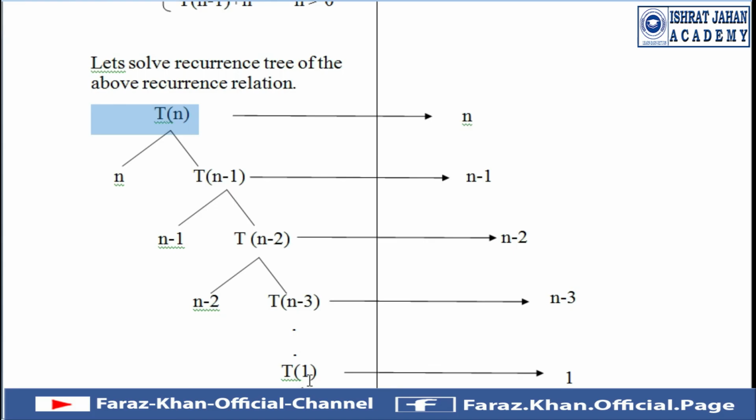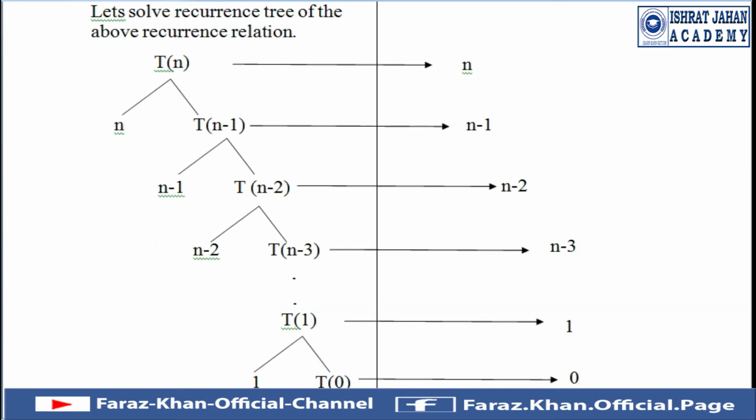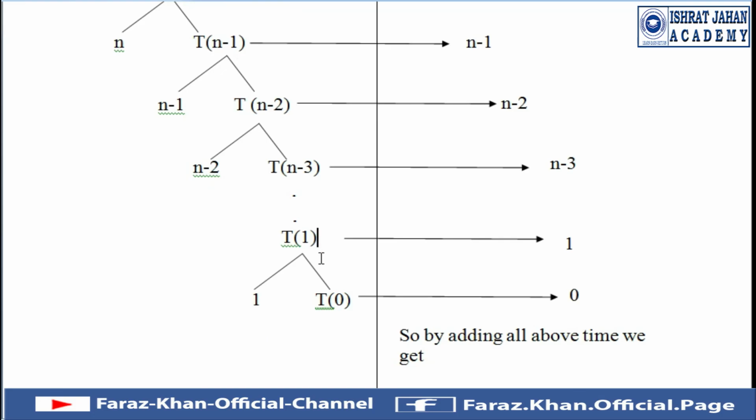It will call itself each and every time until it reaches 0. Got it? So if it further calls itself, it will become T of 1, and when T of 1 calls itself, it will become T of 1 and T of 0, right?